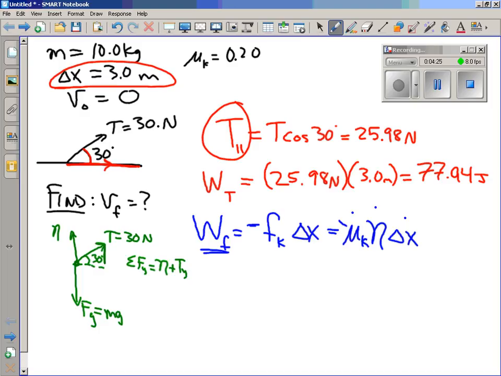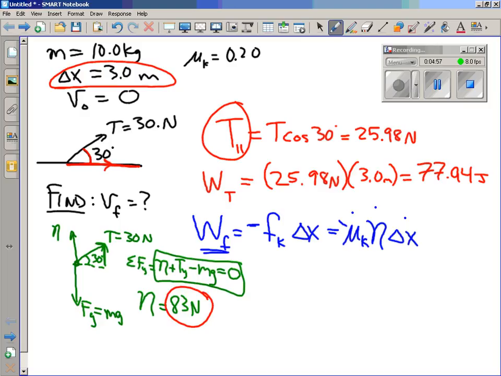So that's this component right there. Subtract mg. And this is all going to equal mass times acceleration in the y direction, which all equals 0. So if all of this equals 0, I can solve for the normal force, and when you calculate that through, you'll get that that's 83 newtons. So you can plug that 83 newtons in to here.